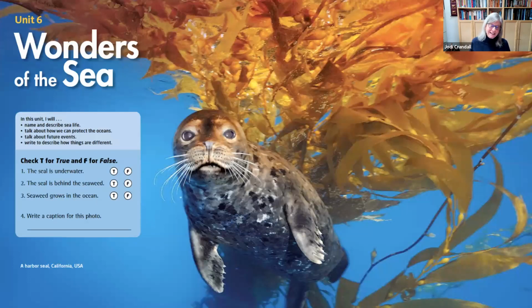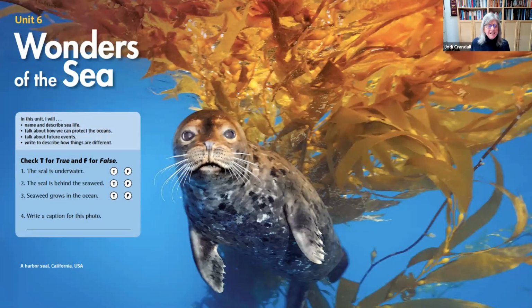Next slide. And here's another one of those opening photos. Can anybody look at that seal and not want to either hug or pet that seal? Obviously, a photo like this will make an incredible emotional contact with our learners. And this opens up a unit which is talking not only how wonderful the sea is and the creatures and the plants and everything that live in it, but also how endangered it is because of particularly plastics, because of plastic pollution.